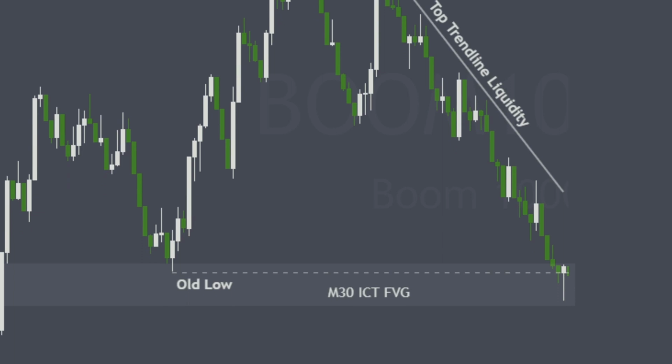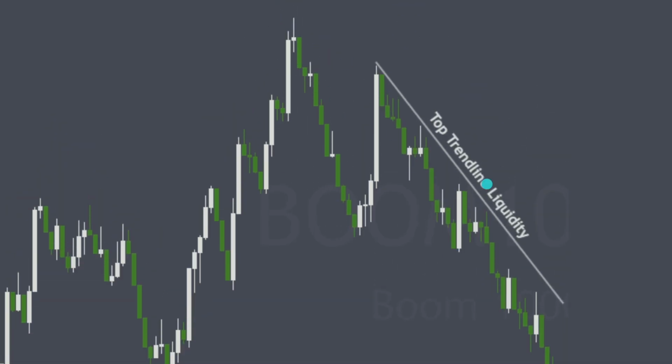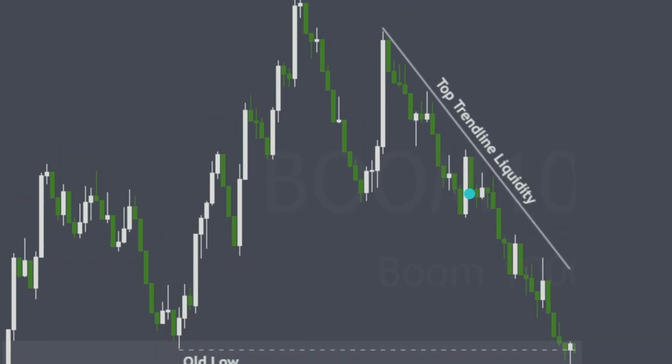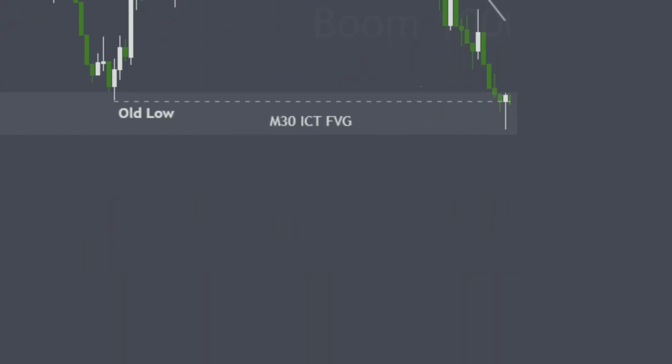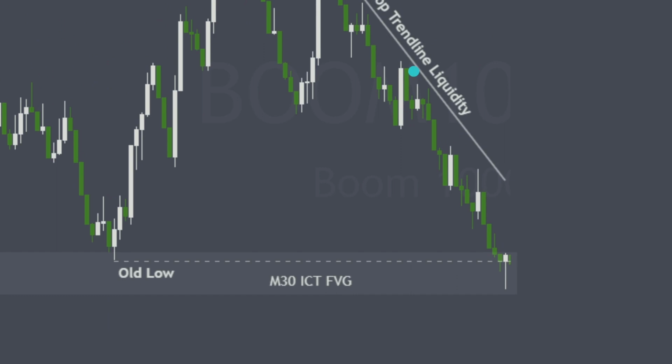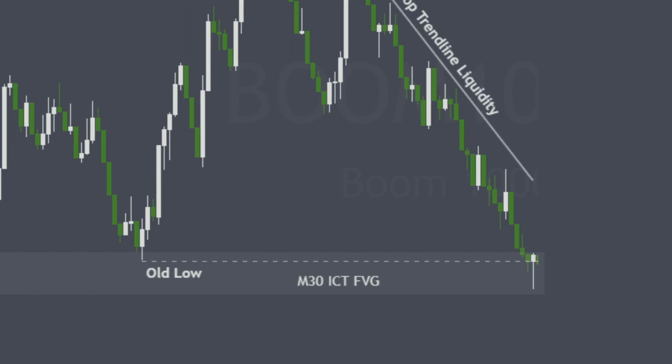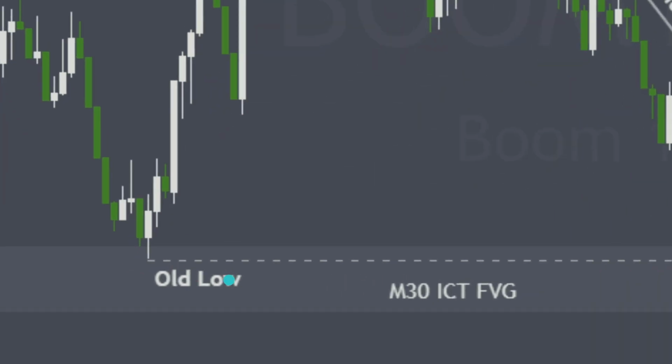So when price now returned or dropped to the downside, we had this top trend line liquidity being formed. And when price made this top trend line liquidity, it dropped into an old ICT fair value gap, and then they broke down old lows in the process.